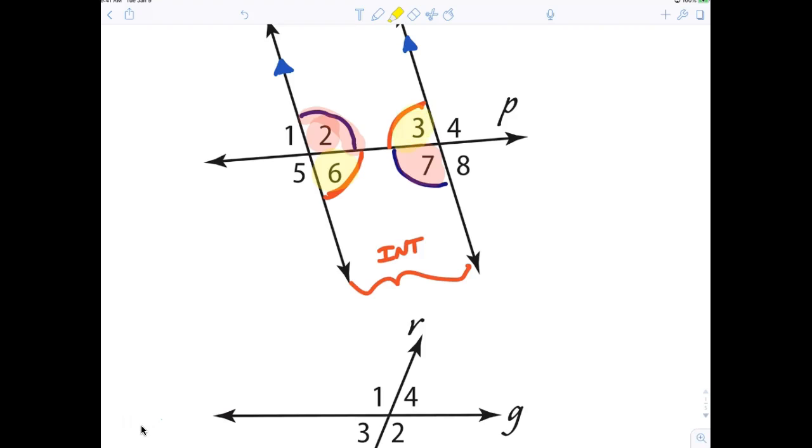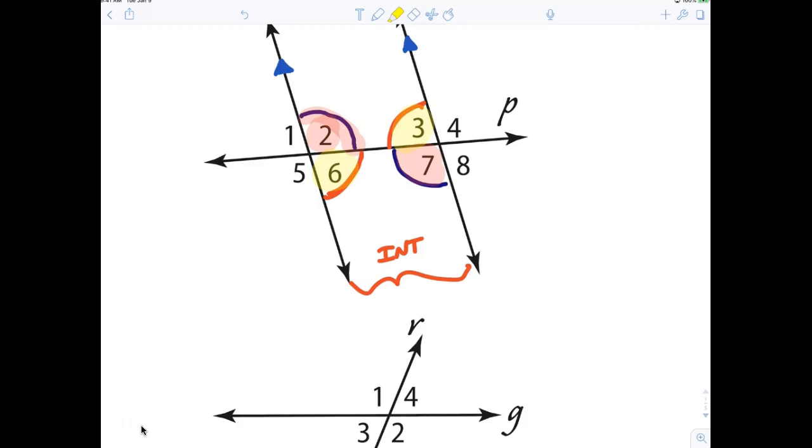And guess what's true about alternate interior angles? They are also congruent. Alternate interior angles are congruent. Make sure you write that down. Alternate interior angles are congruent. And those of you who listen now, I'm going to ask you about 1 and 8 and 5 and 4 in a minute.